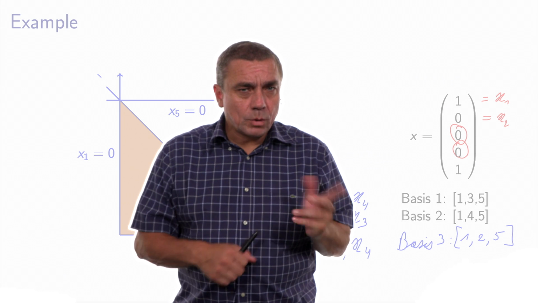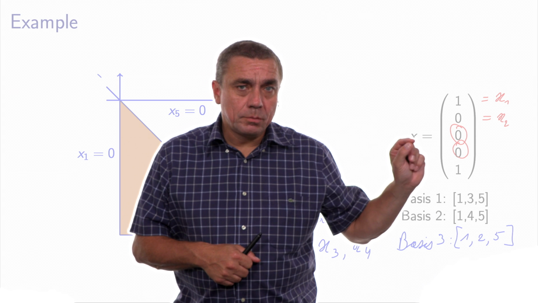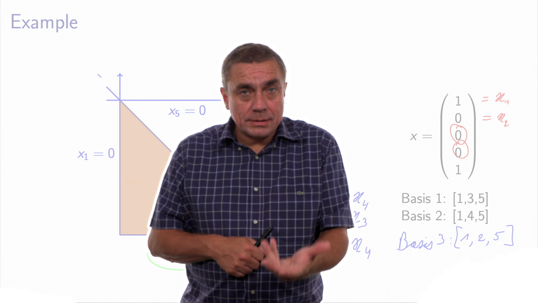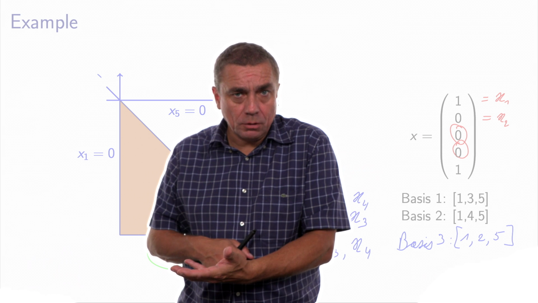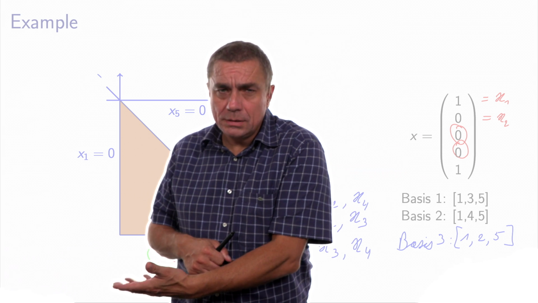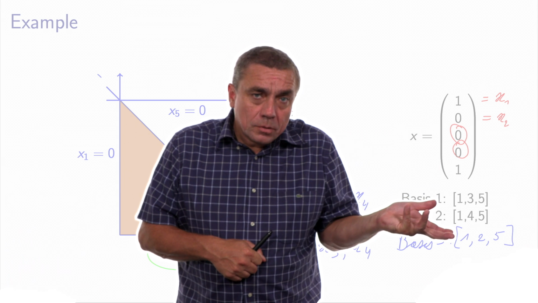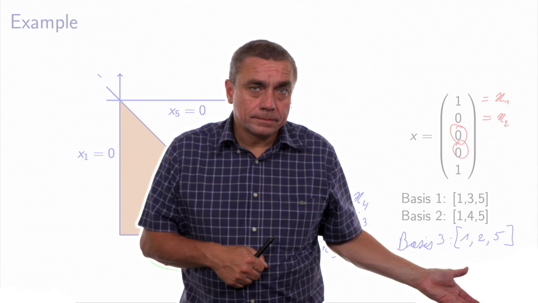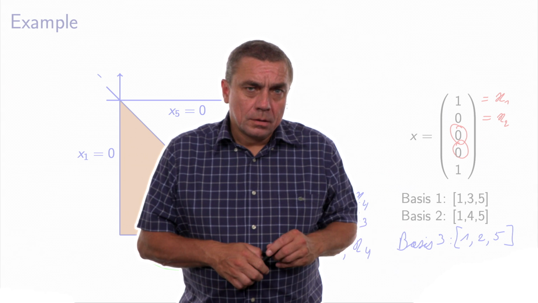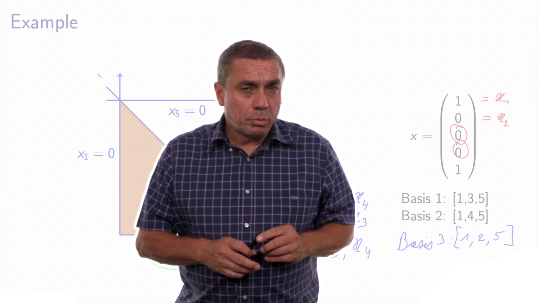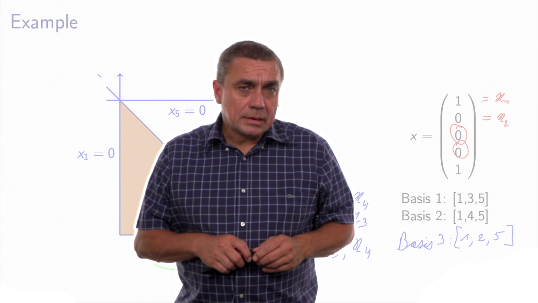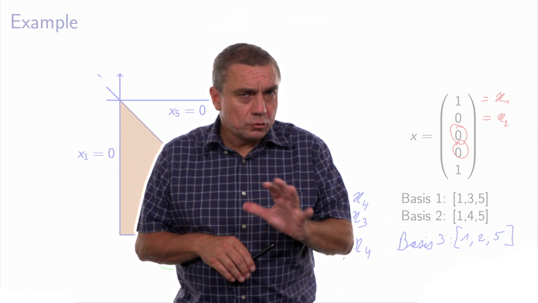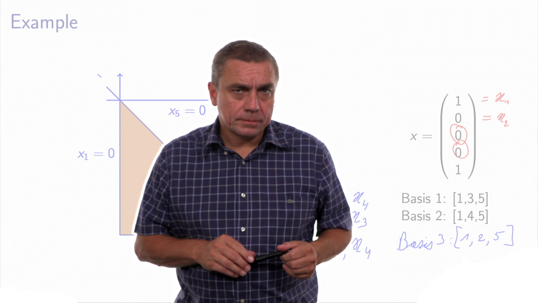And in this case, what happens is that one of the basic variables is equal to 0. Not because we have decided to set it to 0, like we do for the non-basic variables, but because the equation to calculate the basic variables happens to provide 0 as a solution. We will see later that it can be a problem because in this case we may generate directions which are not feasible. So we'll have to worry about this later on.